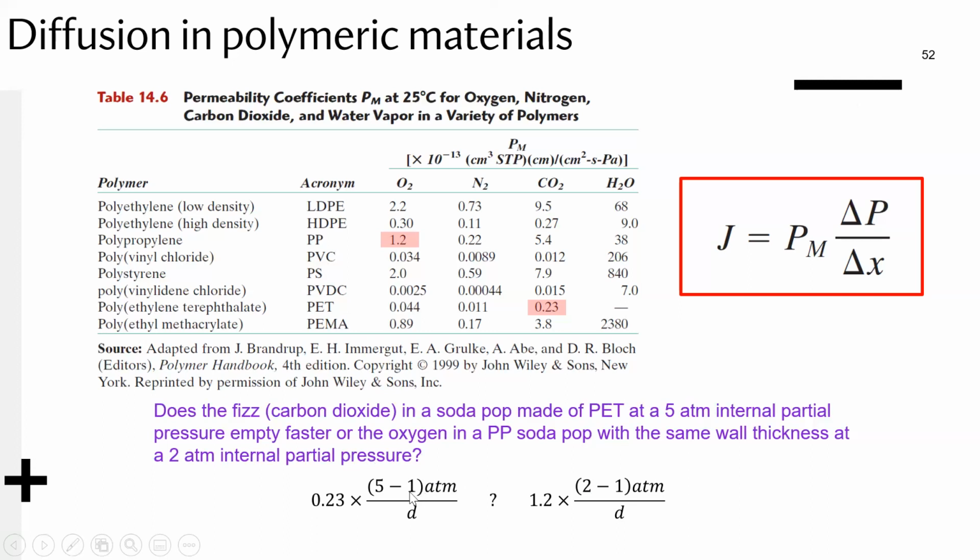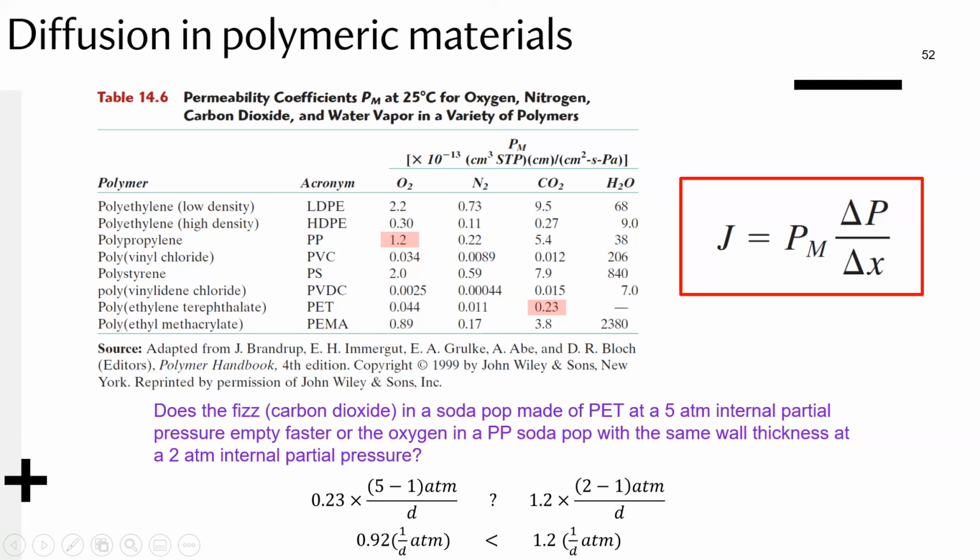It's not super precise, but now I'm just trying to get the concept through that it's dependent on both the pressure difference and this coefficient. If the thickness was in play, that would also matter. So if you just multiply that and cancel out the other items, you would see that this one's 0.92 times 1 over D atmosphere units.